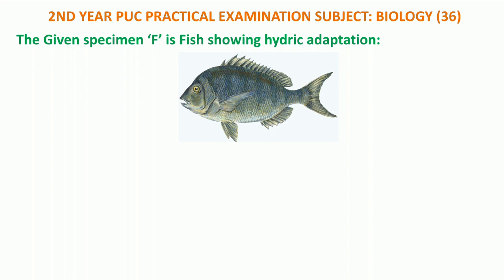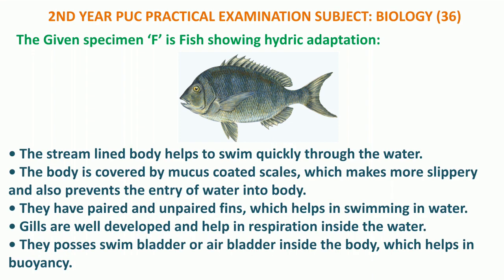The given specimen F is fish showing hydric adaptations, and the points are: the streamlined body helps to swim quickly through the water. The body is covered by mucus coated scales which make it more slippery and also prevent the entry of water into the body.